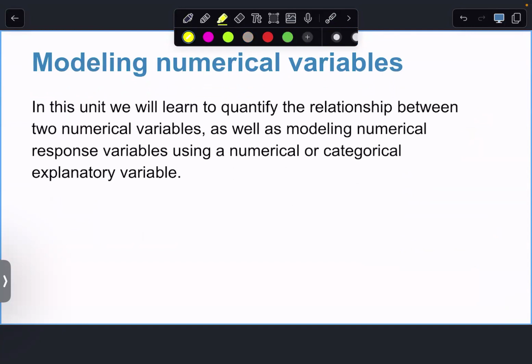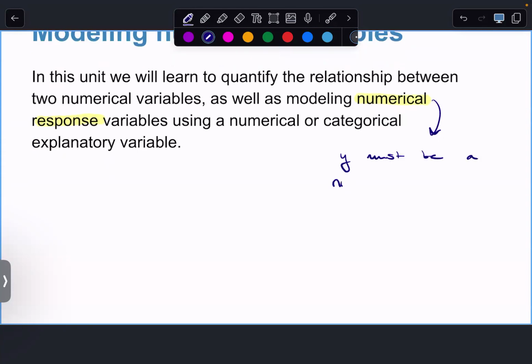Okay, so for us, the y variable has to be numerical. So y must be a numerical variable.